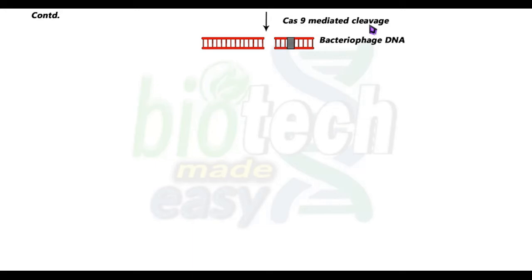PAM actually distinguishes self and non-self DNA. Since PAM is not present in the CRISPR locus, they are not degraded. Only this foreign DNA is degraded. Why is this foreign DNA degraded? Because this PAM is there and PAM is recognized.